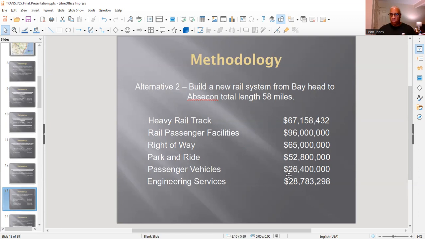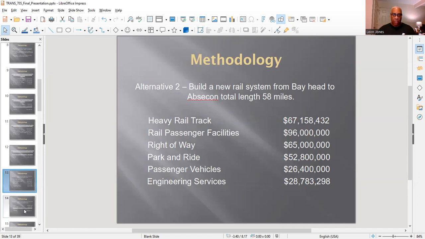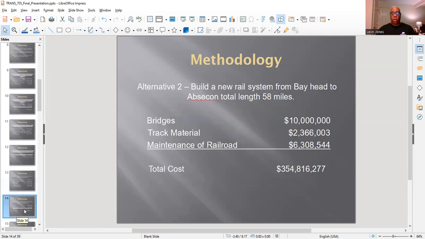Now, here are all the numbers that I came up with, and all of these numbers were estimated. You're going to have bridges, track material, maintenance of railroad. And when you look at everything, it's actually going to cost less to build a new facility. As we look at three different alternatives.